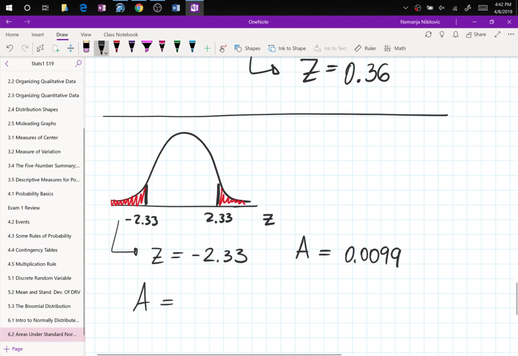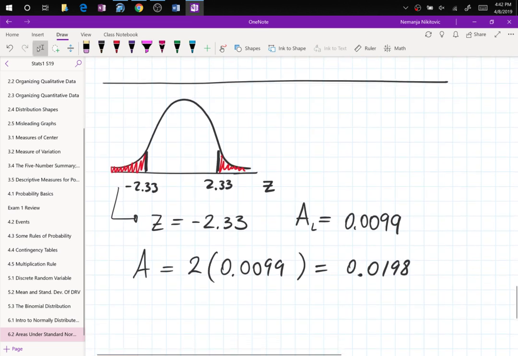So I'll just say area to the left, let's say, is 2 times 0.0099, which will give us 0.0198. And that would be the area they're looking for. This is the homework example 6.67b.